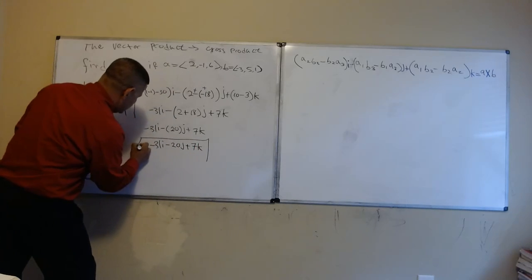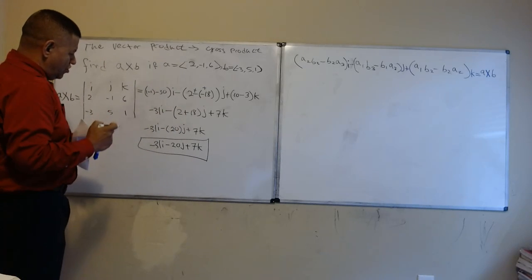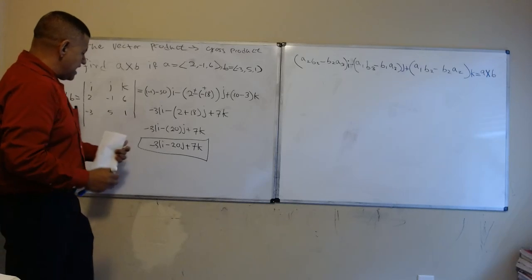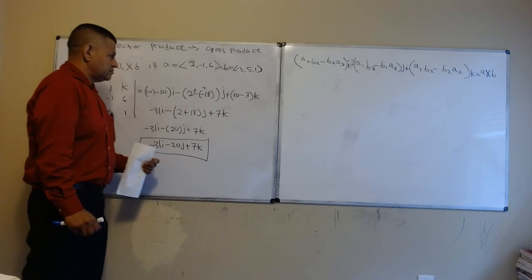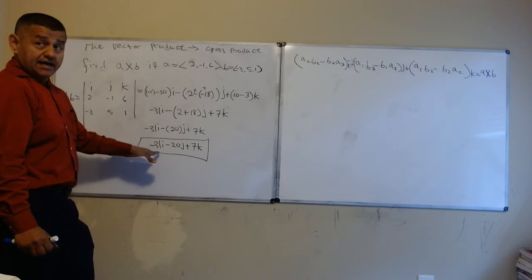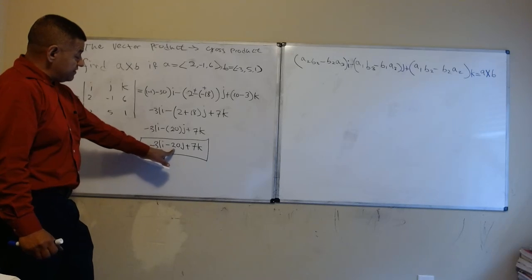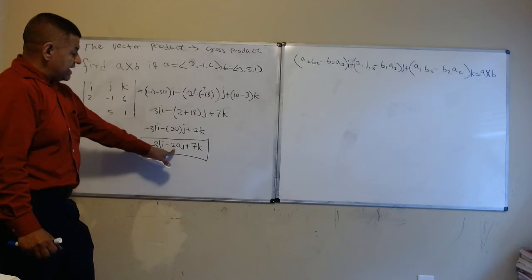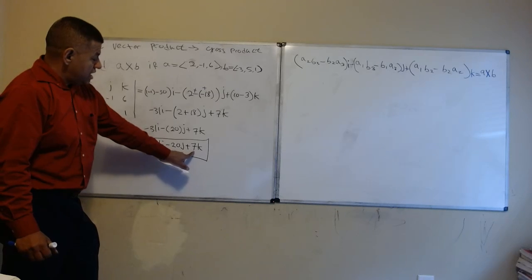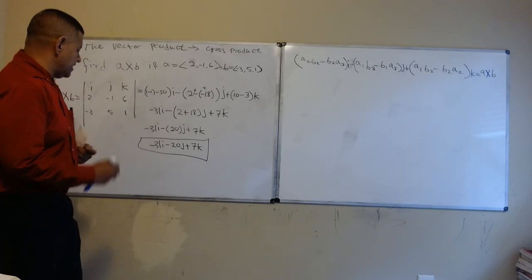That should be that example right there, right? So in other words, as a result, we have 31 in the X direction, negative 20 in the Y direction, and 7 in the Z direction, right?